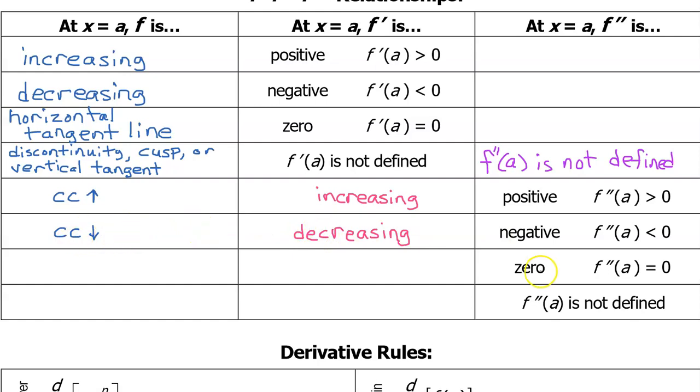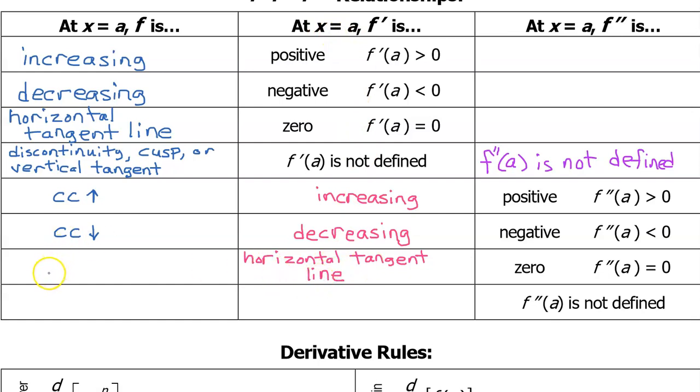If f double prime is 0, then f prime is neither increasing nor decreasing. What's another way of saying that? If a graph is neither increasing nor decreasing, it must be horizontal. And since we're talking about a specific value of x, we should say horizontal tangent line.